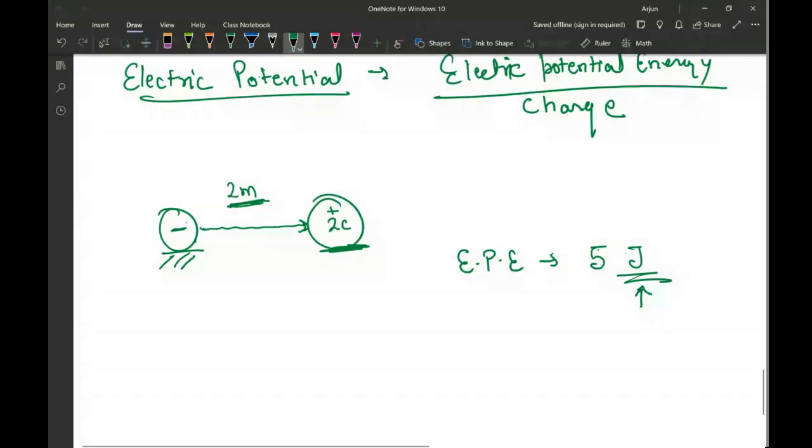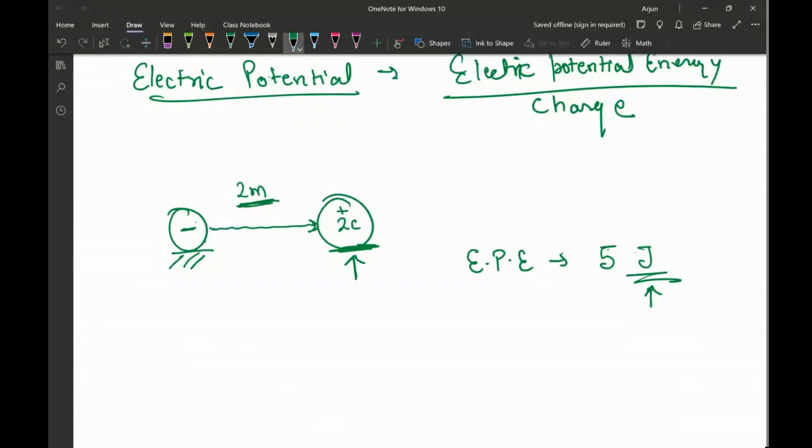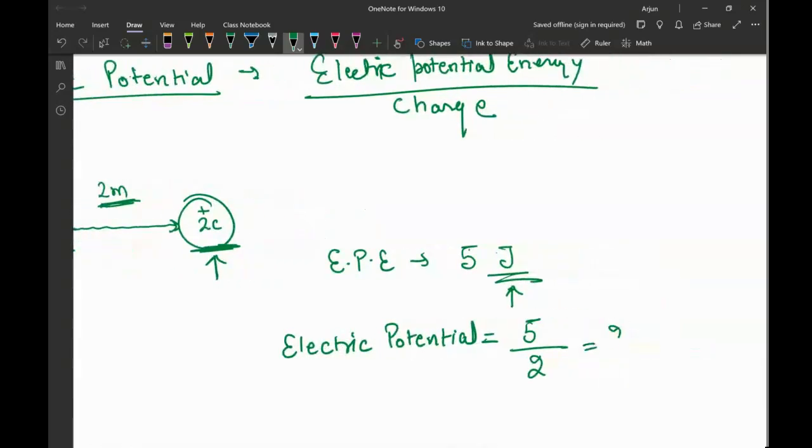Now, this charge is 2 coulombs, so electric potential will be equal to 5 divided by 2. That will be approximately 2.5.